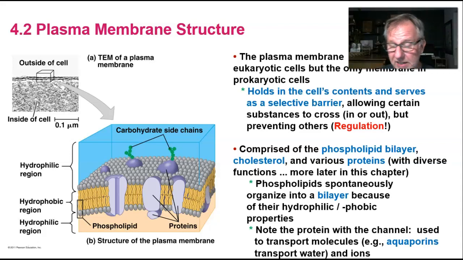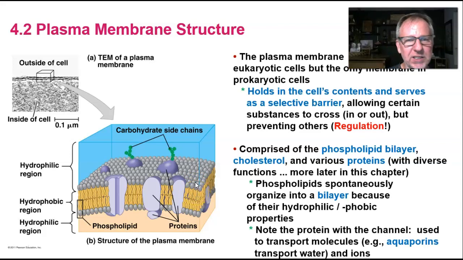And what you can see when you look at the picture, and if you really think about this, why are the phospholipids pointing in the directions that they are? Remember from chapter 3, phospholipids have a hydrophilic head, and they have hydrophobic tails.